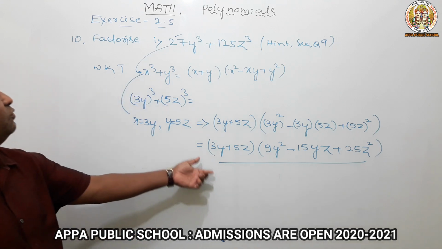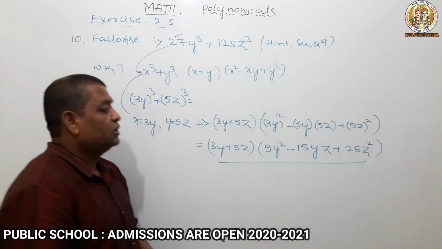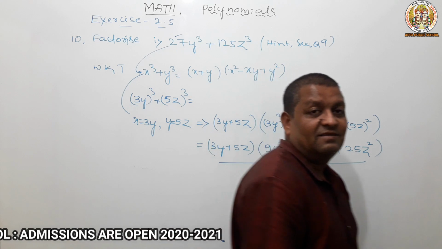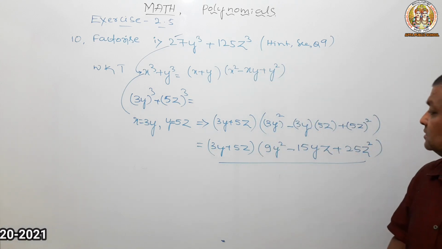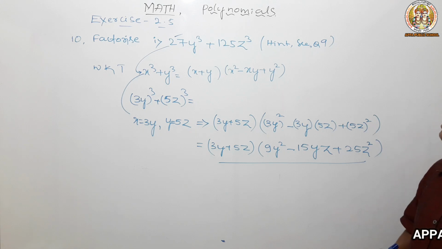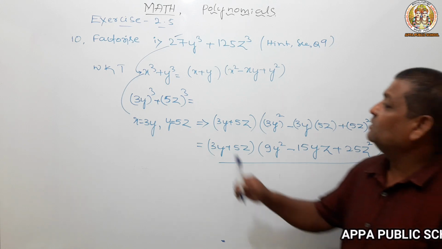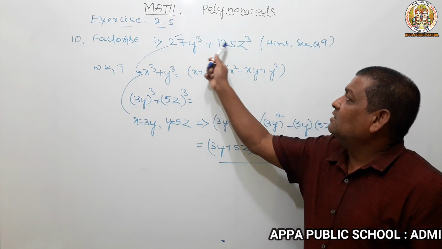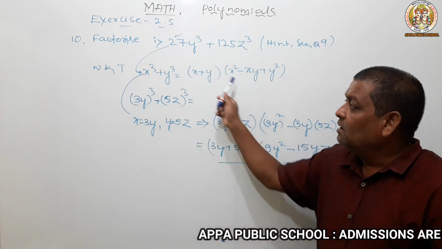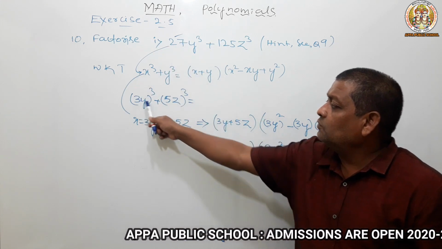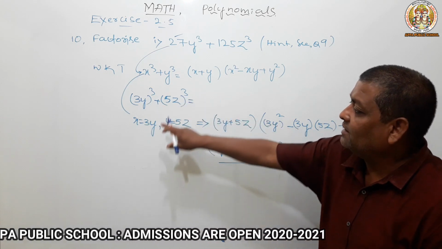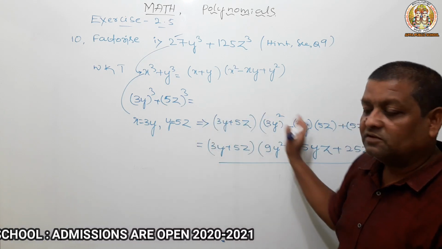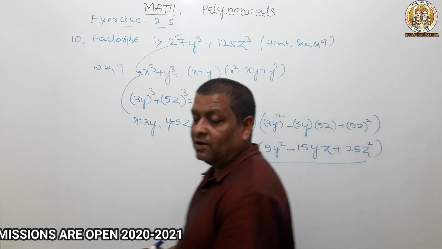These are the two factors of this cubic expression. This is the way we can factorize. So what is the important thing we need here? Convert the question to the formula type, find the values of x and y, and next, substitute in the given formula.